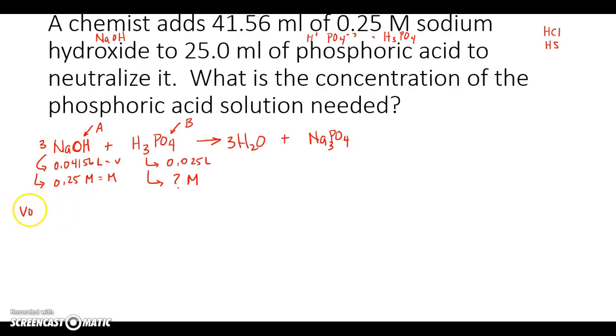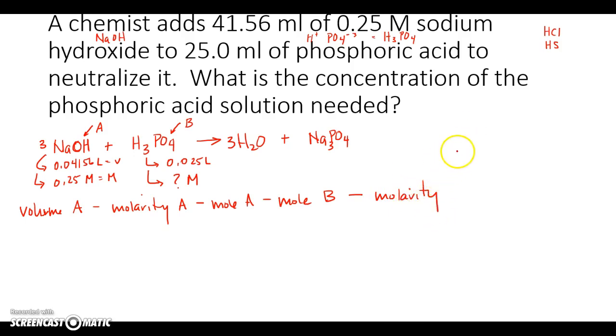So we have volume A to molarity A to mole A, mole B, and then to molarity.